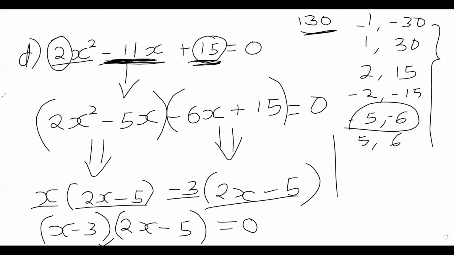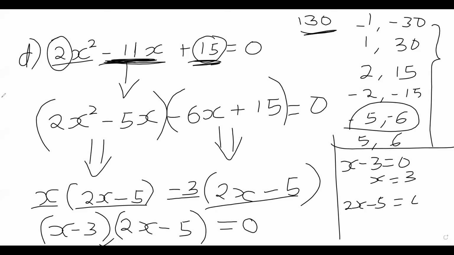So now we start dealing with each bracket. x minus 3 equals 0. This will give us x as 3. And then the second scenario is 2x minus 5 equals 0.